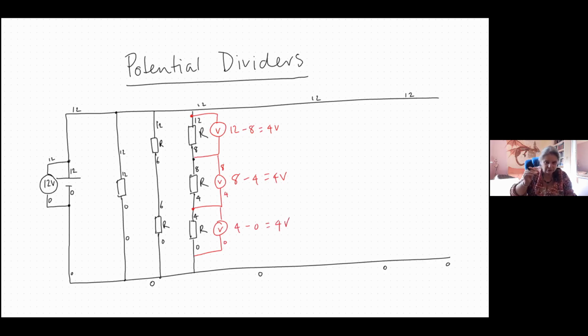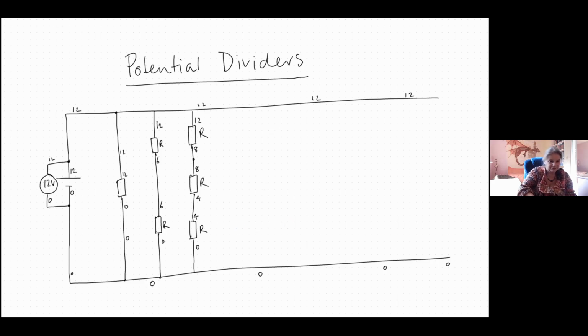Now can you see the difference between potential, which is the little black numbers, and potential difference, which is my readings on my voltmeter? Right, now, I am now going to ask you to do something that very rarely comes up in questions, but it's really revealing when it does.